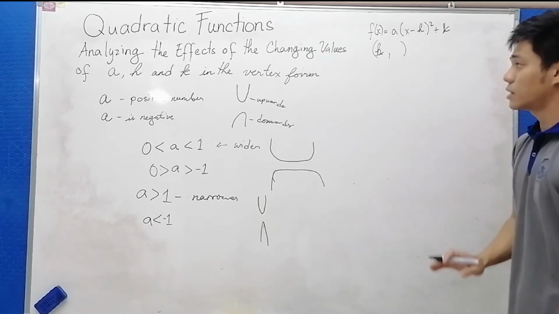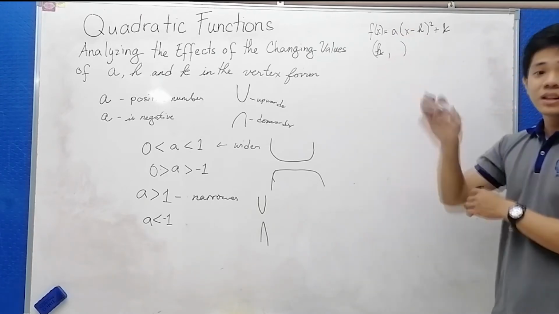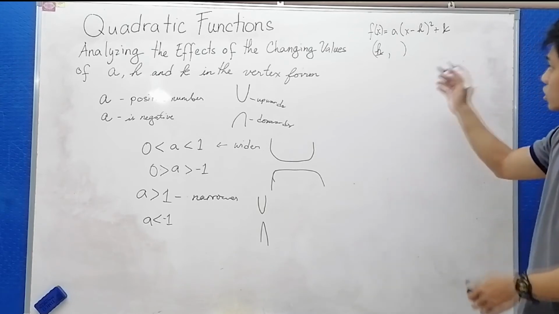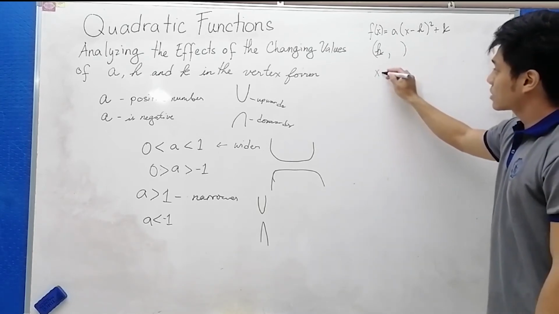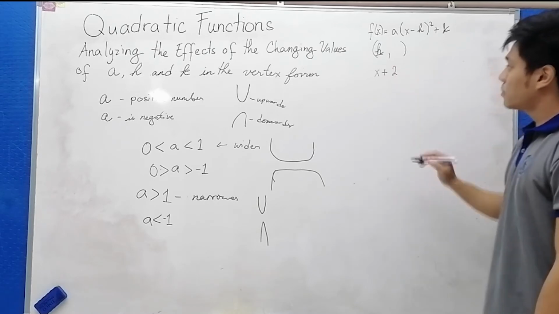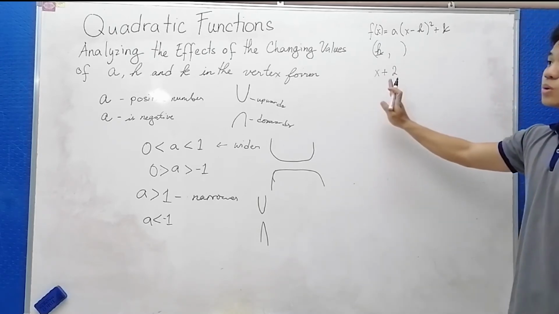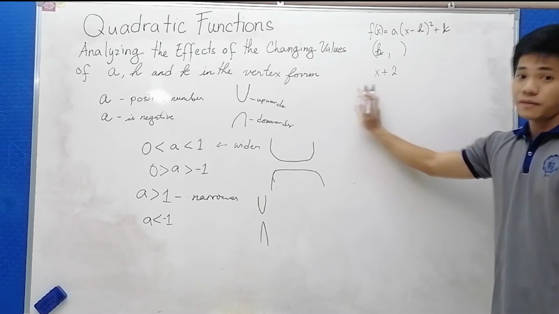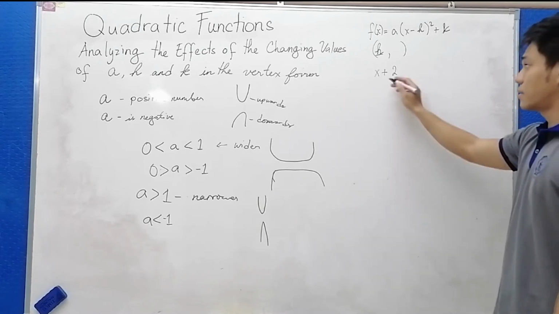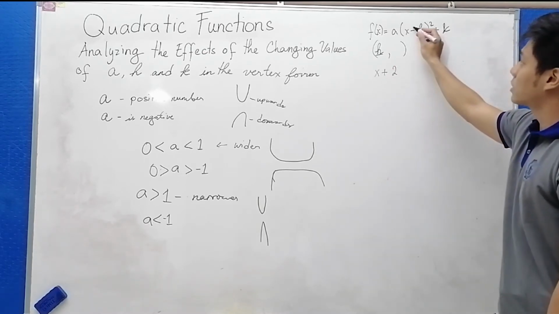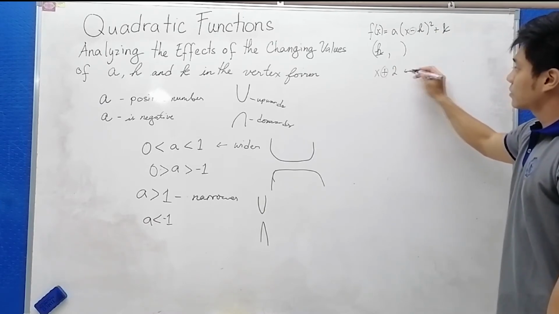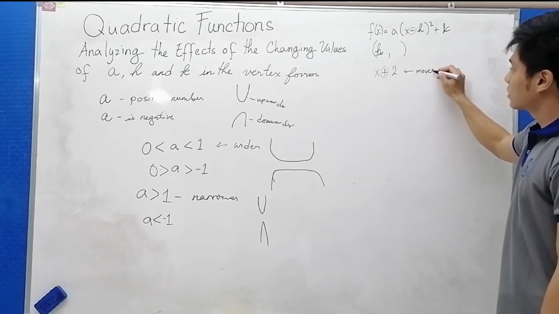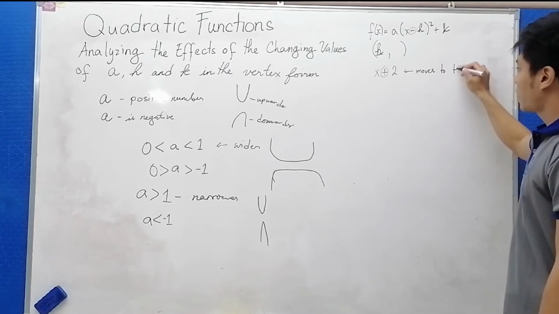Because of it being the x term in our coordinates, if h is a positive value, so for example, we have x plus 2, that means the parabola will be moving 2 spaces to the left. It's going to be negative because we changed the sign. Remembering the signs? So that means it moves to the left.